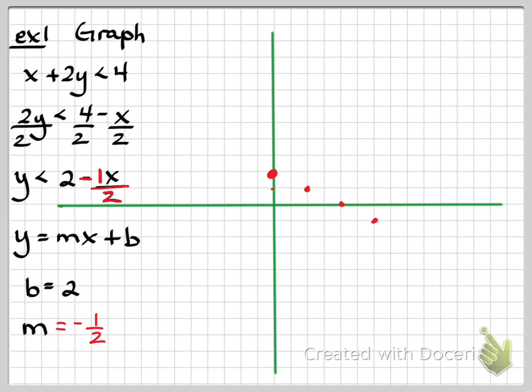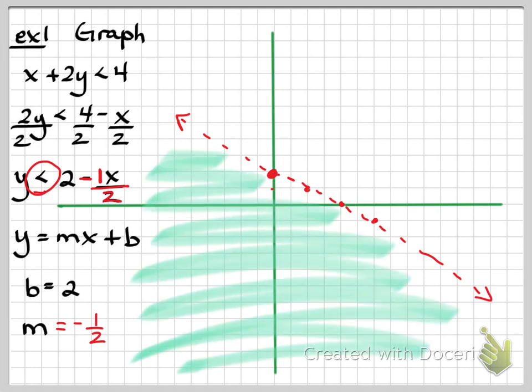And then I would want to connect this with a line or a dotted line. Our inequality was less than, so, dotted line. And I think most of the time, classes will just say if it's less than, shade below the line. So if you got to do that with Miss Almond, that's still okay. Maybe she had you test 0, 0 to see if 0, 0 worked or not.